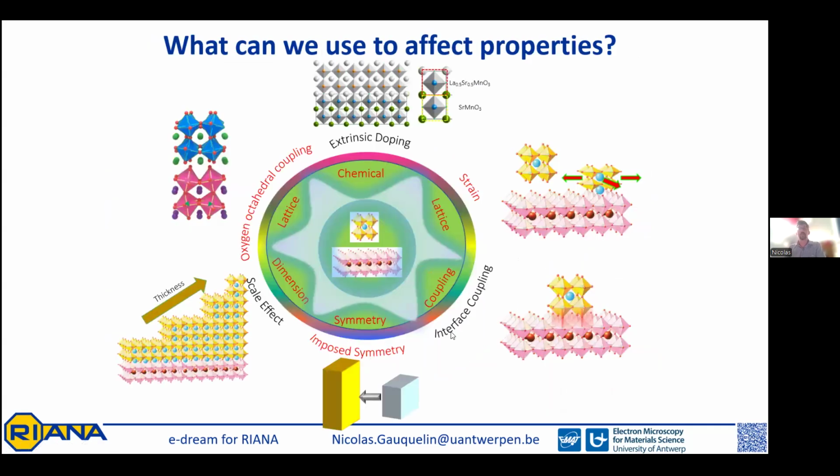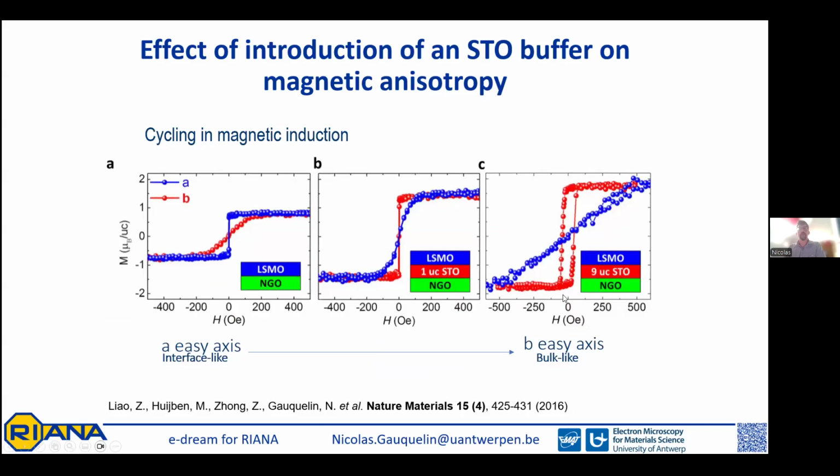Well, you can look at those phenomena at the atomic scale. Here is another example where we looked at magnetic induction reversal. We reverted the easy axis of magnetism from an A axis to a B axis just by changing the thickness of a buffer layer between our LSMO and our substrate.